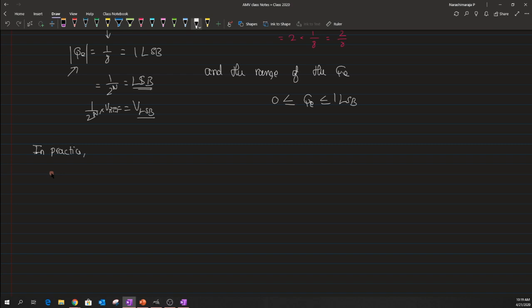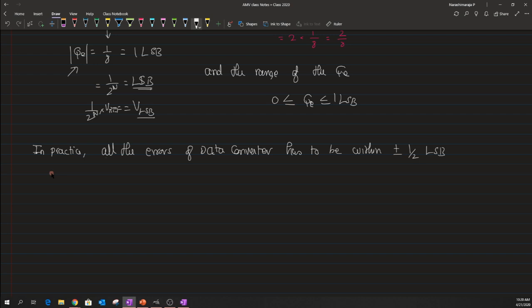But as of now, in practice, all the errors that we have due to non-ideal components of a data converter have to be within plus or minus half LSB. Okay, so hope that you are clear with this.